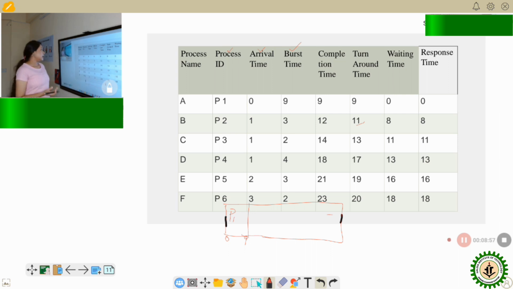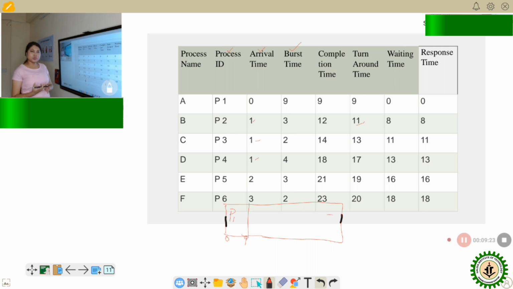Then what is the next process? The next process ID is P2. P2 arrived at time 1. P3 also arrived at time 1, and P4 also arrived at time 1. Here one question is which process should we select.